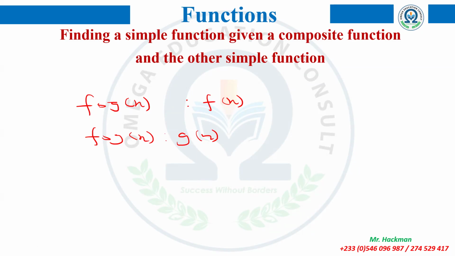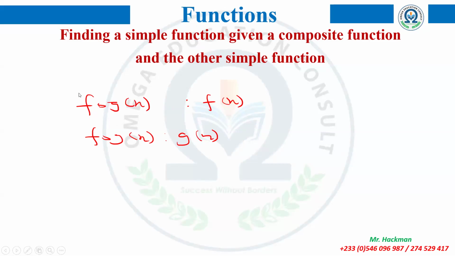Take note. Yes, please. Can you come again? I'm just drawing your attention to what we have here, trying to explain the concepts, I mean the topic, or the subtopic. We said finding a simple function, given a composite function and the other simple function. So here you are given a composite function, it means the composite function will be given.